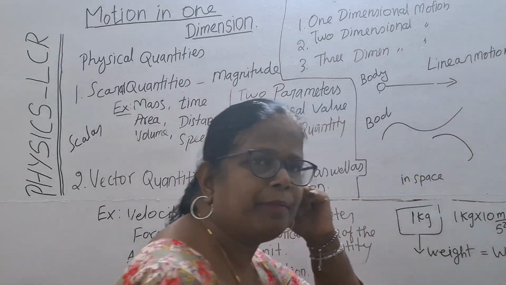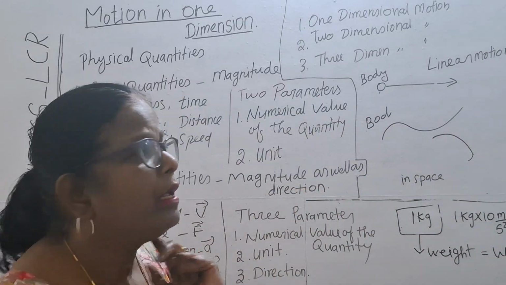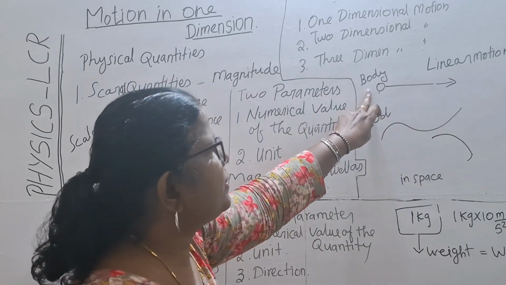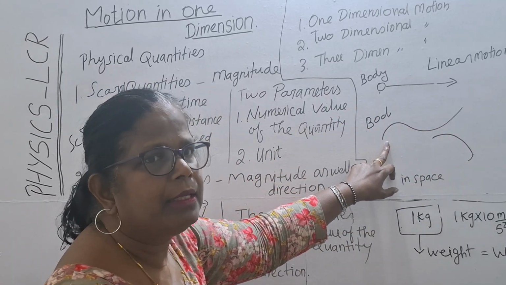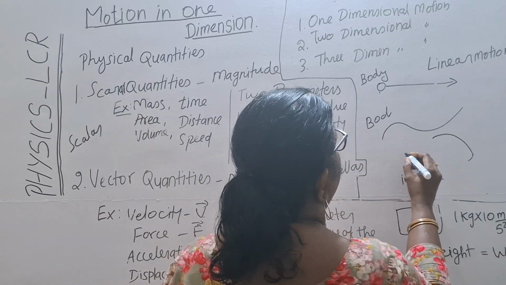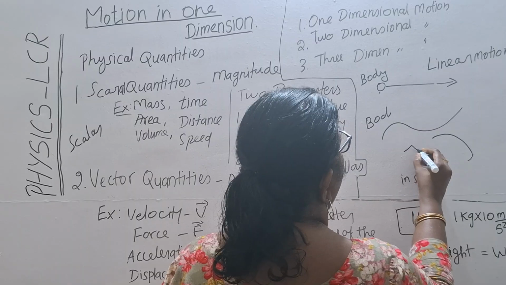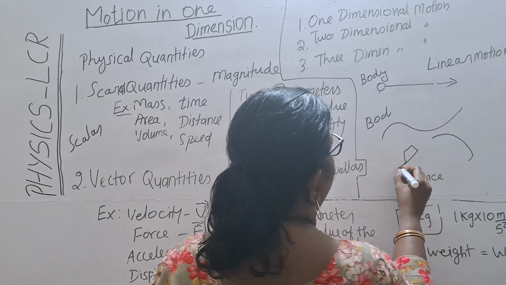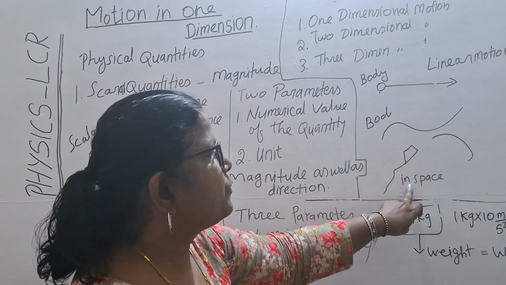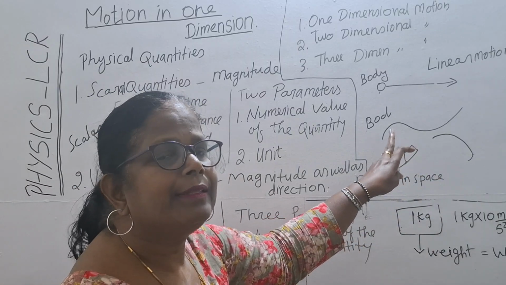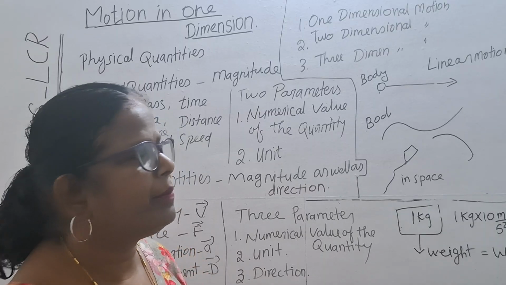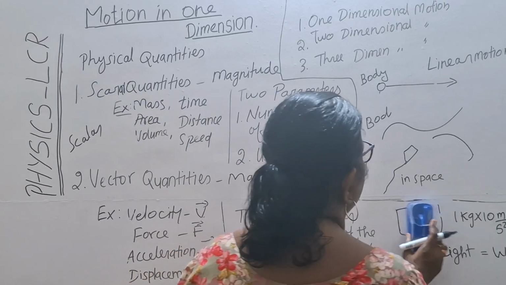Another name of 1-dimensional motion is linear motion. Body moves in a straight line path. A curved path is 2-dimension. In space, the kite we are flying, it is flying in a sky. It is a space we can say. So it is a 3-dimensional motion.